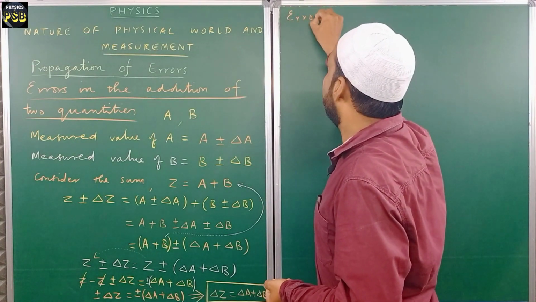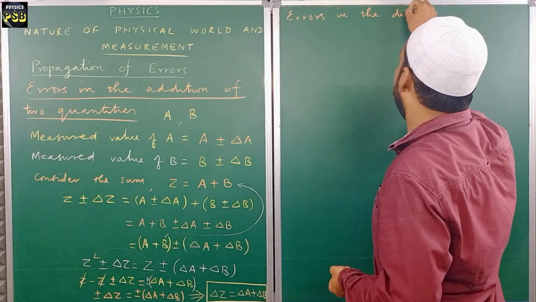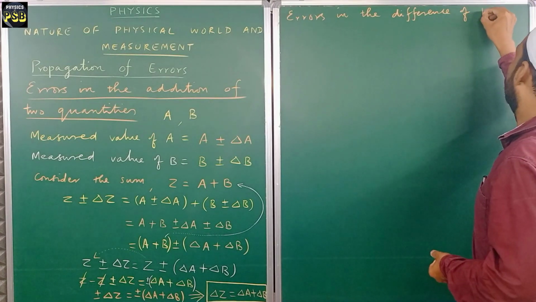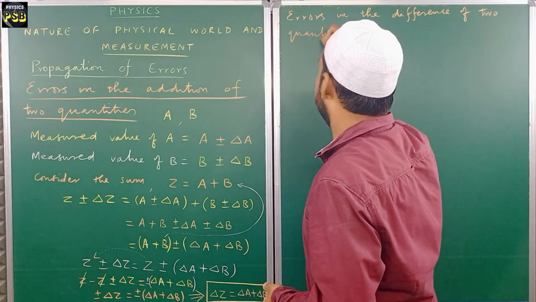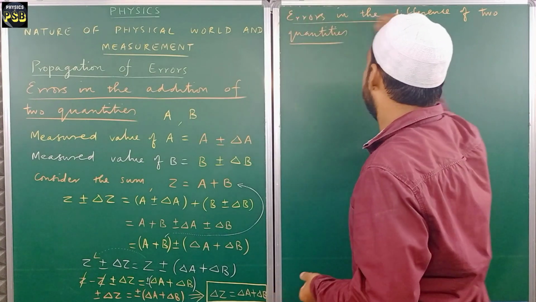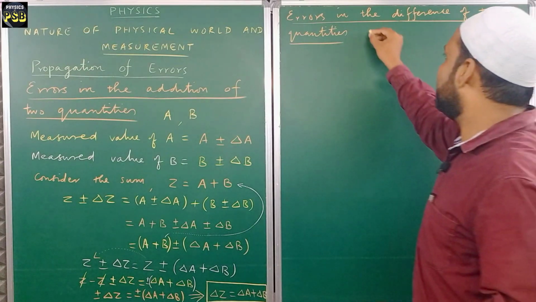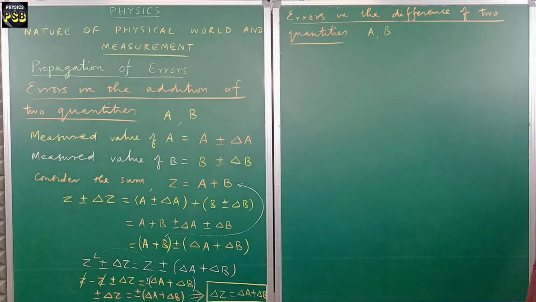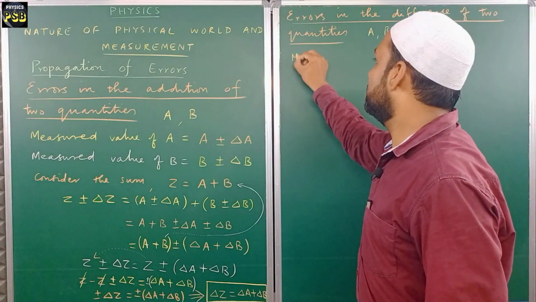Errors in the difference of two quantities. Again, I take A and B as two quantities. Now this time I am going to subtract. I am going to find out the difference between these two. I'll start with the same steps.